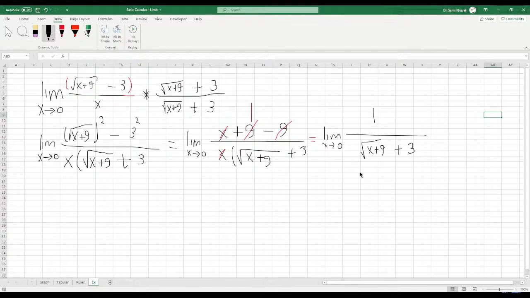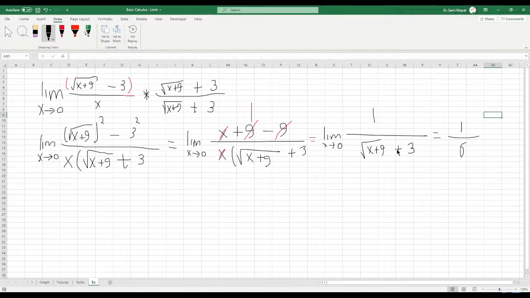Now, when x is 0, what I will get here, this is 1. If this is 0, this one will be the square root of 9, which is 3. The 3 plus 3 will be 6. The answer is 1 over 6.